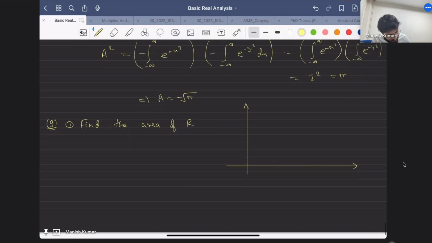X, Y. So this is one of the points, and then you have two ones. Let me say this is 1, this is 2, this is 3. The second point is 2 comma 1, the third point is 3 comma 3, and this is 1 comma 2 somewhere here. Okay, so this is the picture that you have.